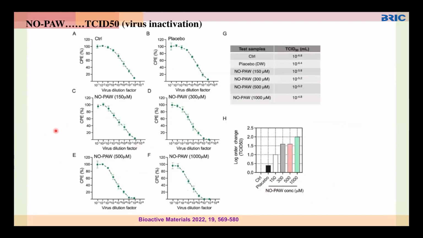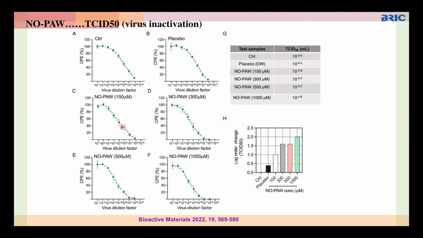This nitric oxide water we further used to treat coronaviruses. So first we checked the cytopathic effect. This is the control, this is the placebo, just water, no plasma. And this is plasma treated water, nitric oxide plasma activated water at 150 micromole concentration, 300 micromole concentration, 500 micromole concentration, and 1000 micromole concentration.